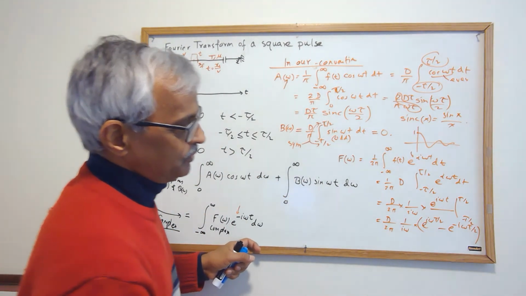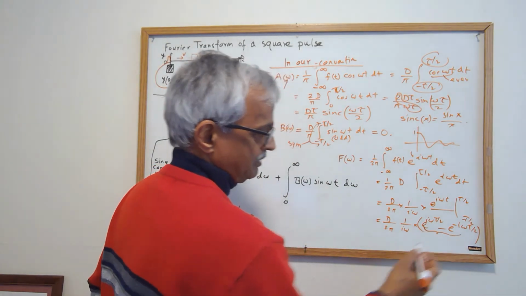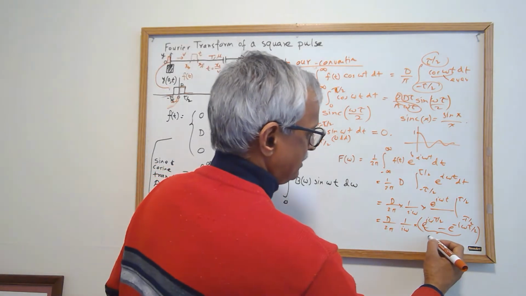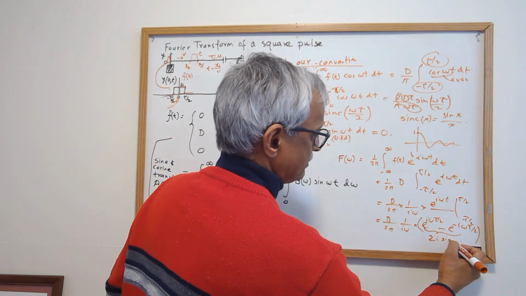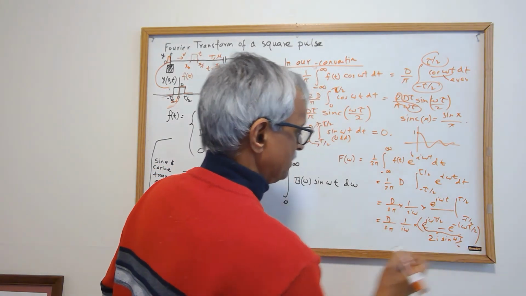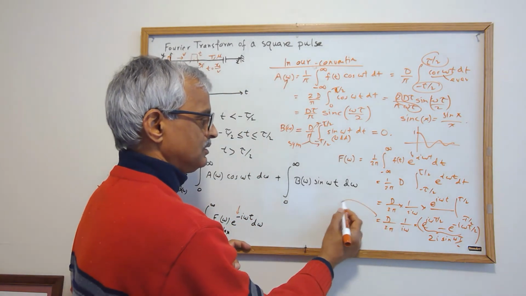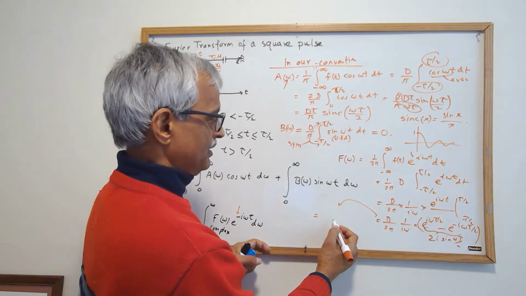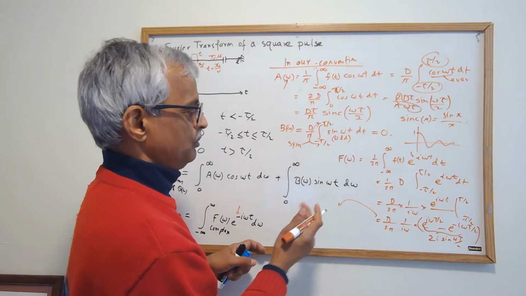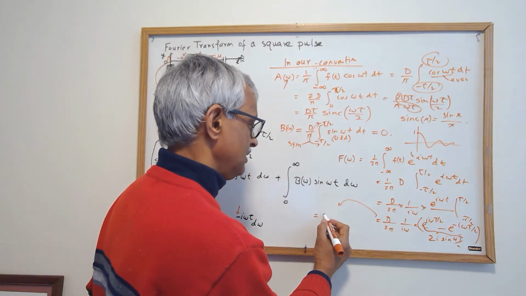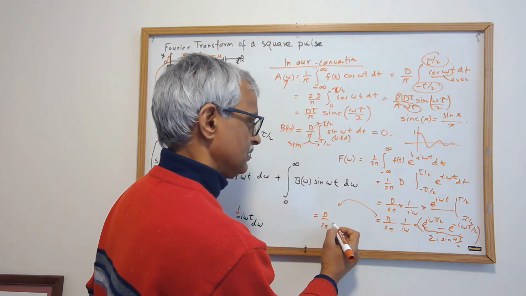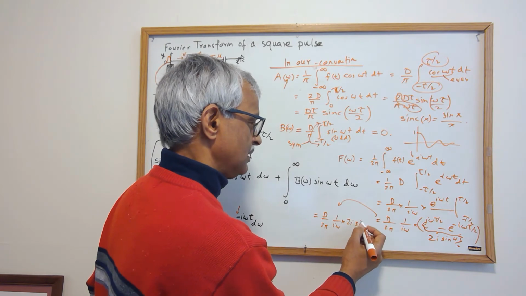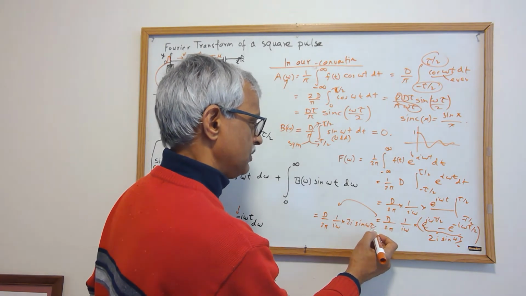So if I do this, what do you think that's going to be? That's going to be 2 times i sine omega tau over 2. So when I work it out, f omega is actually the same form as a omega. Here we have d over 2 pi, 1 over i omega, 2i sine omega tau over 2.